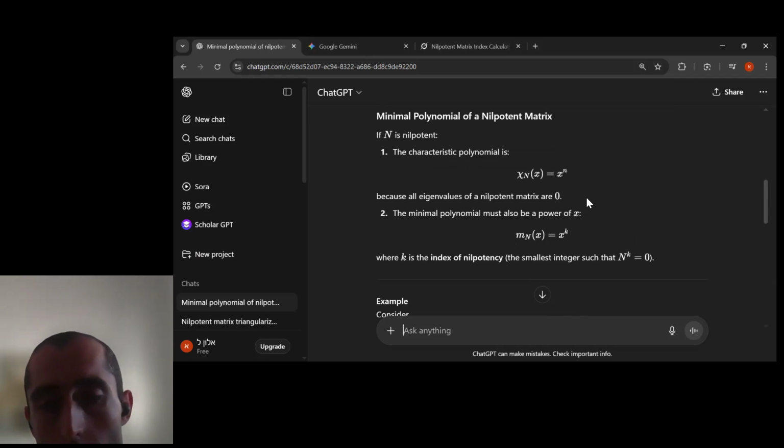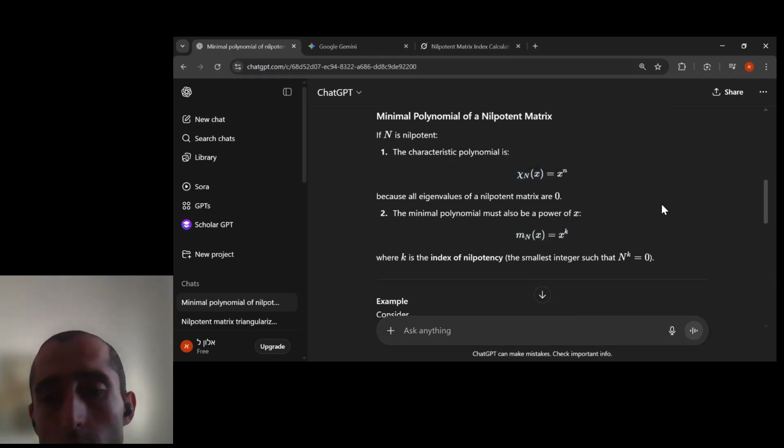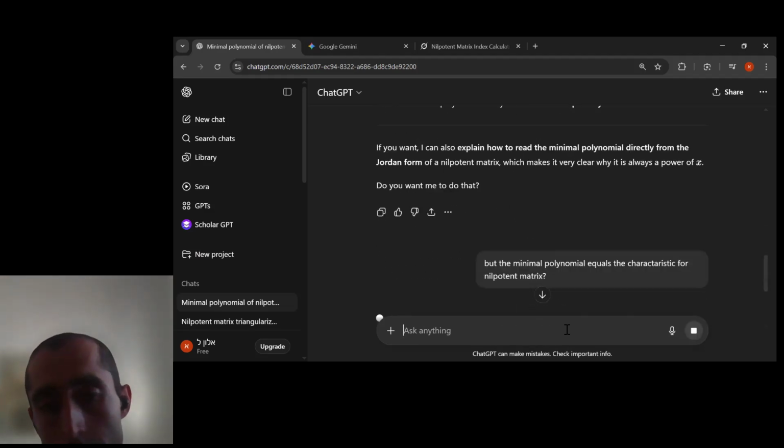As you know, the minimal polynomial must divide the characteristic polynomial, and it's the minimal-degree polynomial that annihilates the matrix.